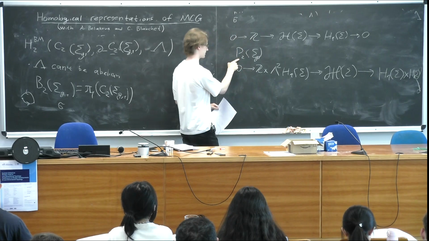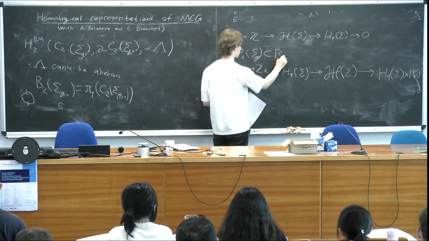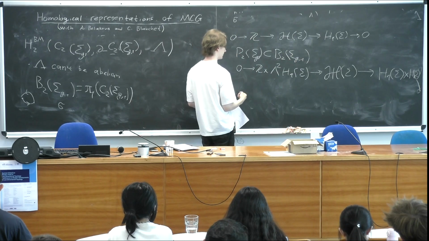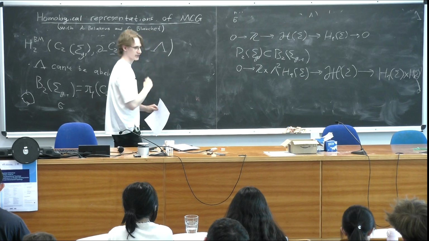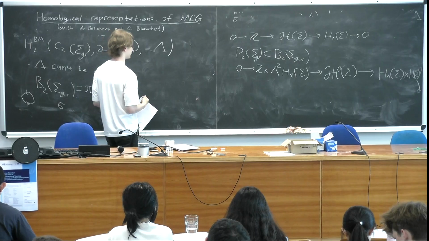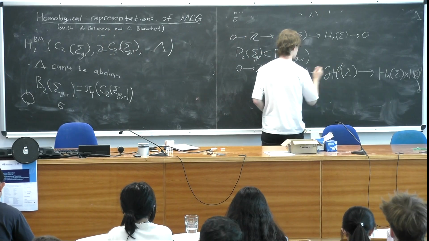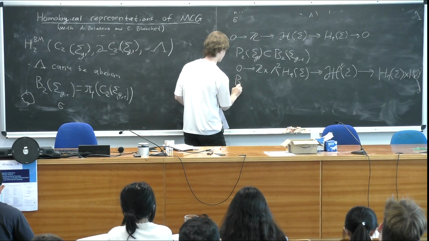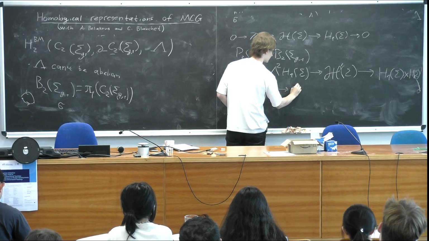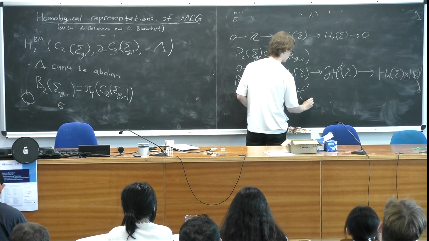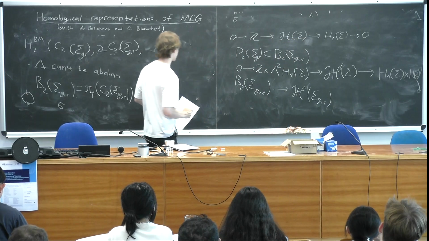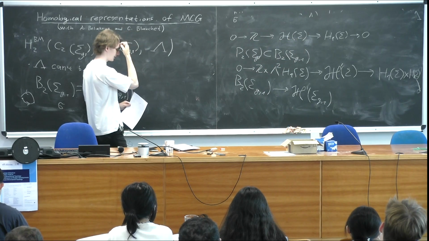And then, since this is an index 2 subgroup of the braid group, we can induce a representation, or we can induce a local system, on the whole braid group. And so maybe we call it H prime, and then we have this local system.